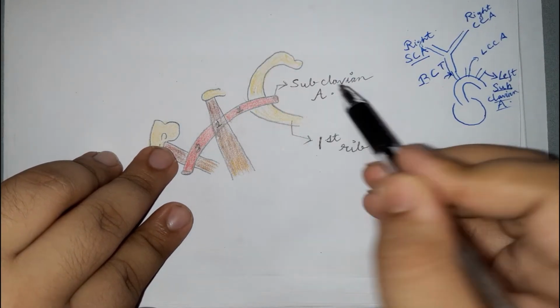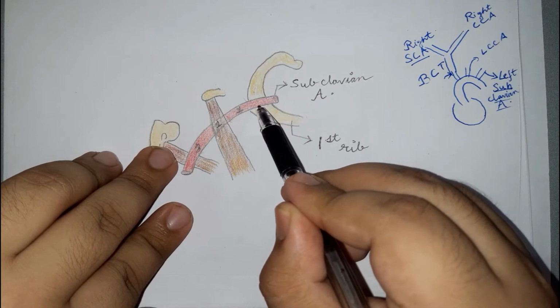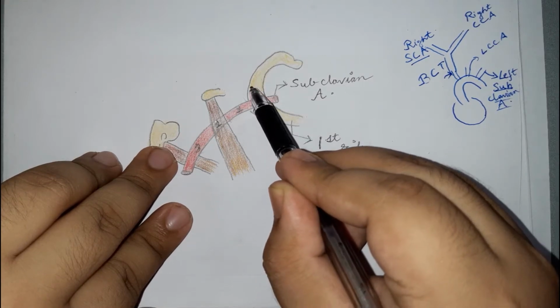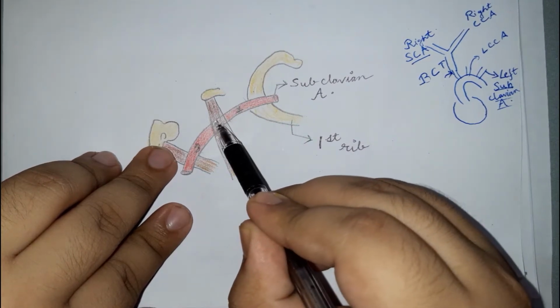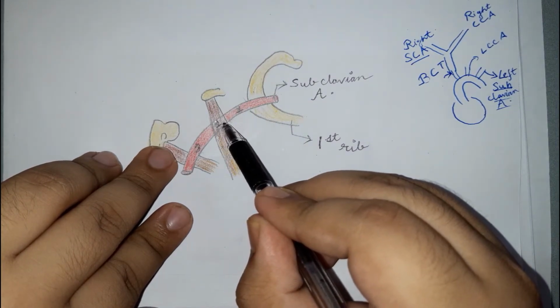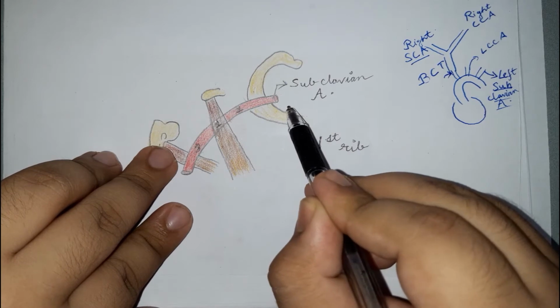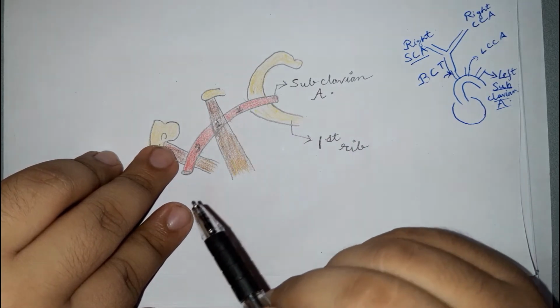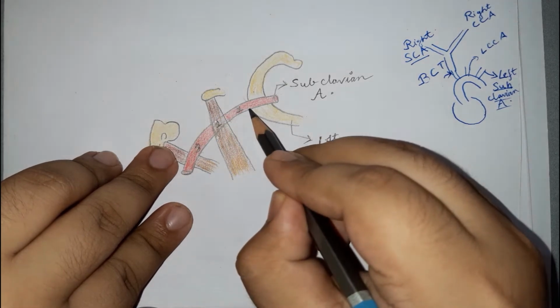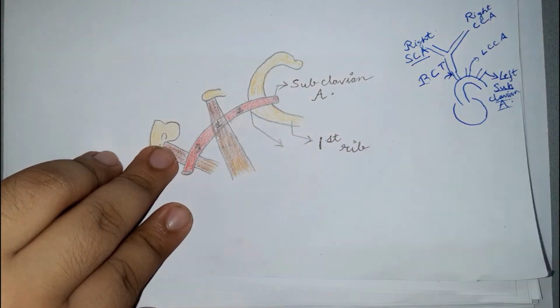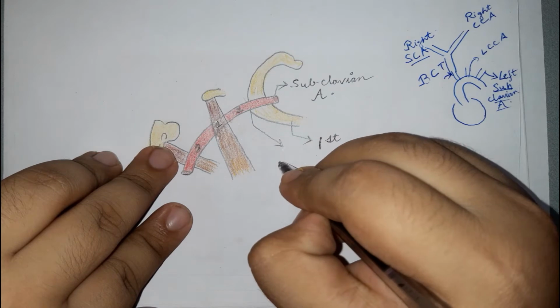When the right or left subclavian artery crosses the outer border of the first rib, the continuation of the same subclavian artery is not known as subclavian artery anymore. It is known as, you guessed it correctly, yes, the axillary artery.